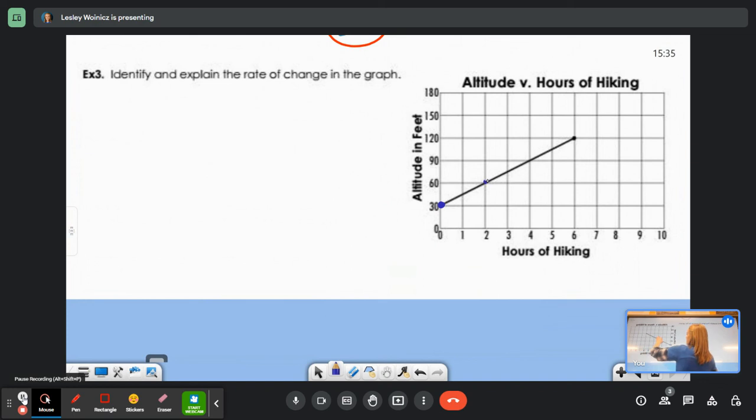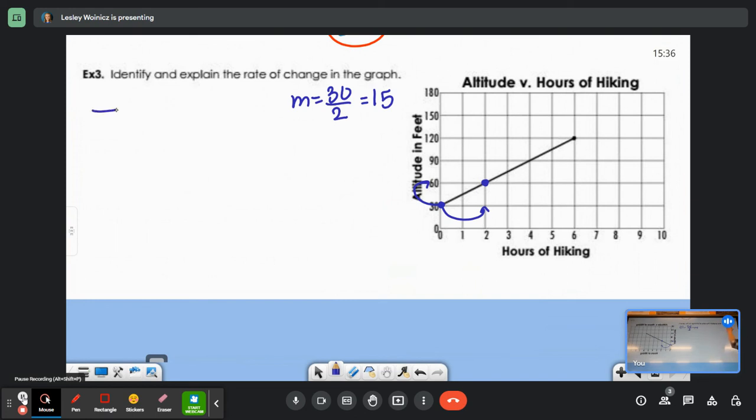2 and 60, okay. So what is my change, my rise going from 30 to 60? And then my run is going from 0 to what? 2. So increasing by 2. Reduce it. 15. Okay, we also have to explain it.